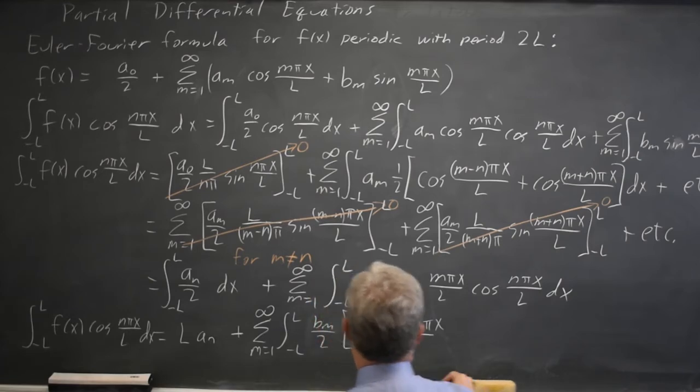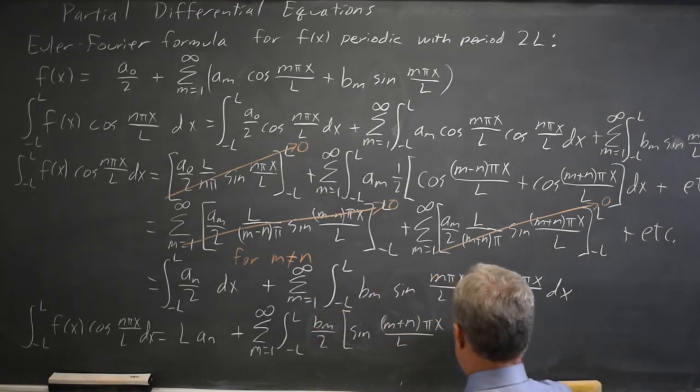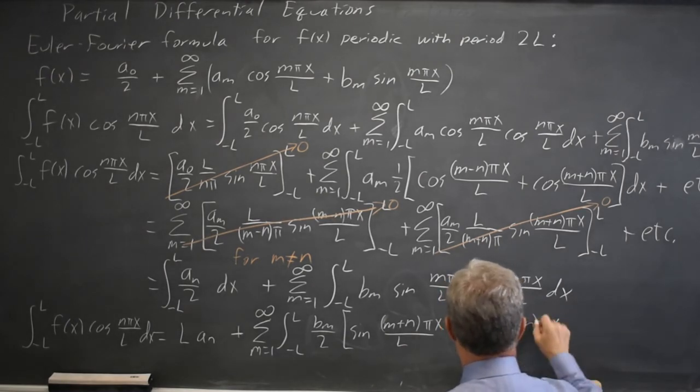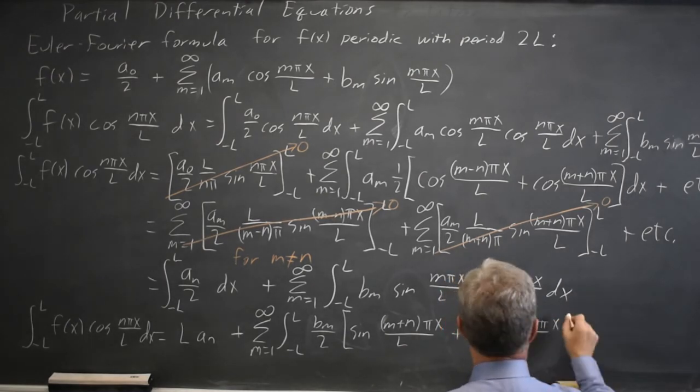So bm over 2 times sine of m plus n pi x over L plus sine of m minus n pi x over L.